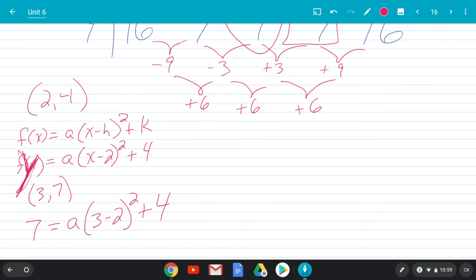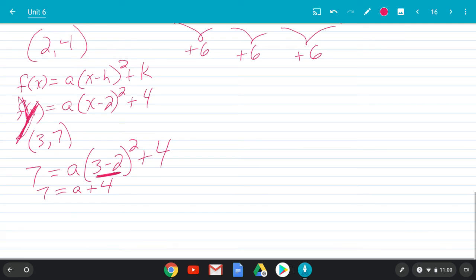Are you okay there? Ashlyn, you okay? Now what do we do? All I got to do is solve for a. So 3 minus 2 is 1. 1 squared is 1. So 1 times a is 1a, or just a. So 7 equals a plus 4. Subtract 4. 3 equals a.